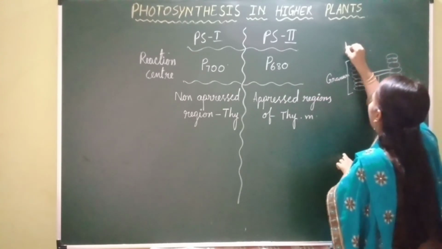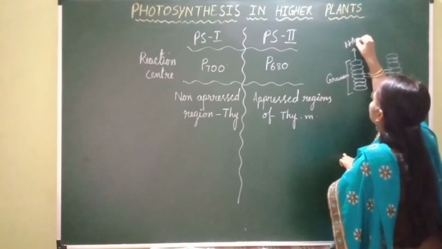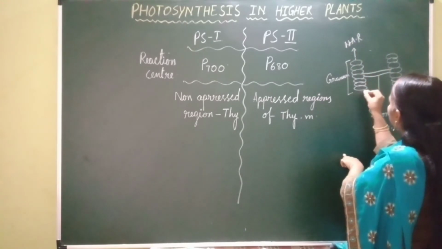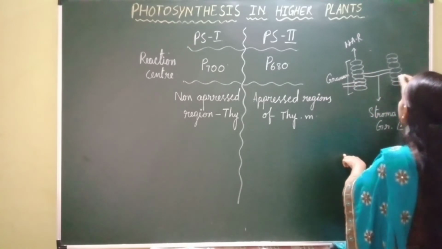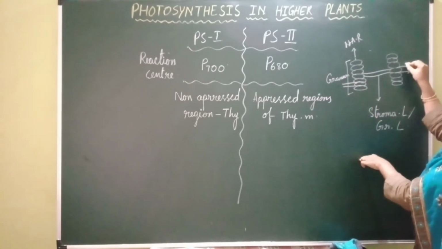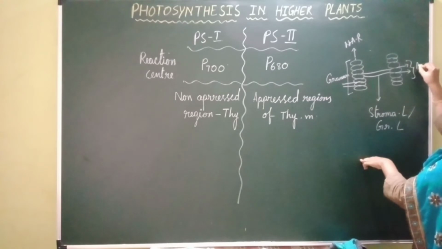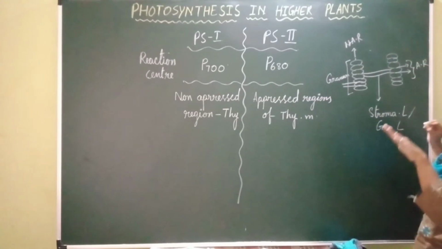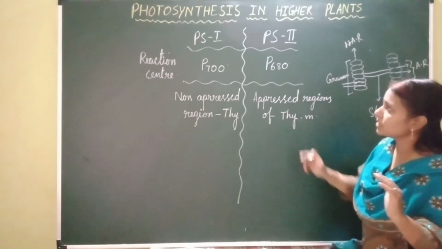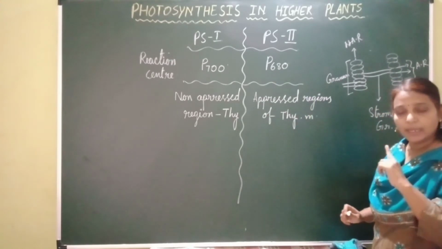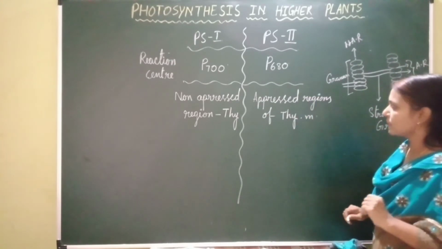Whereas the regions present inside are called appressed regions, which are pressed by another thylakoid membrane. So in non-appressed regions, photosystem 1 is present. In appressed regions, photosystem 2 is present.